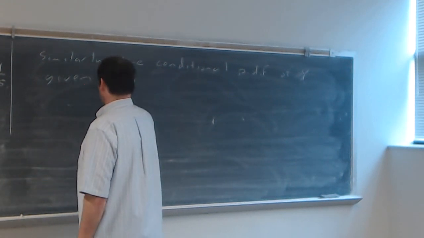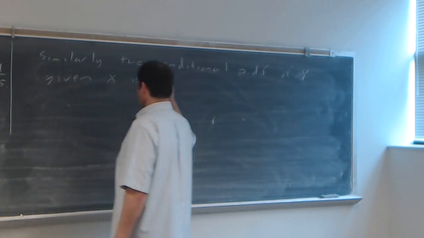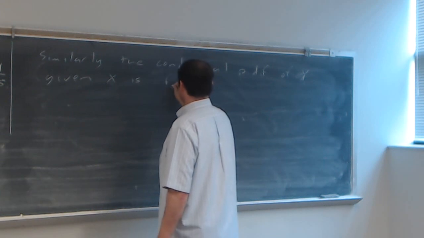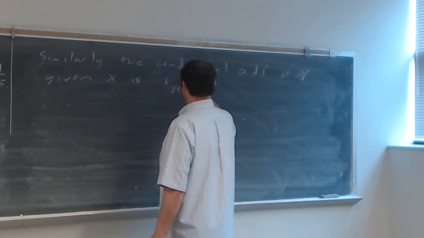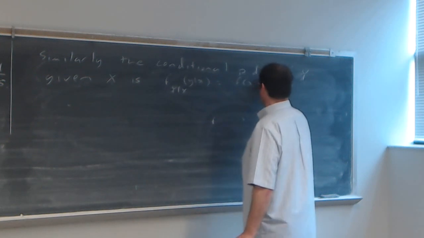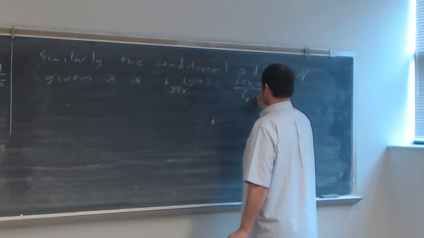One variable given the other. f sub y given x of y given x is equal to f of x comma y over f sub x of x.